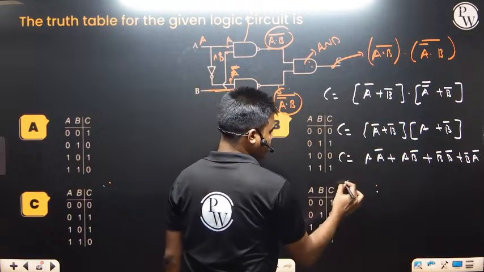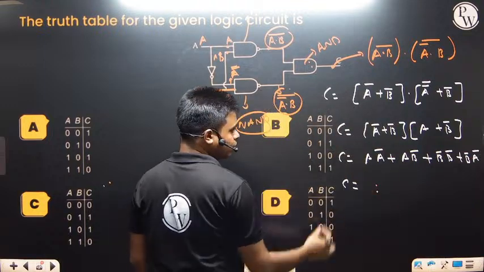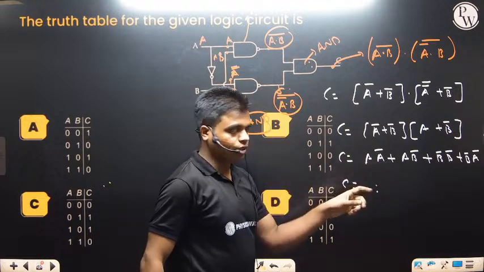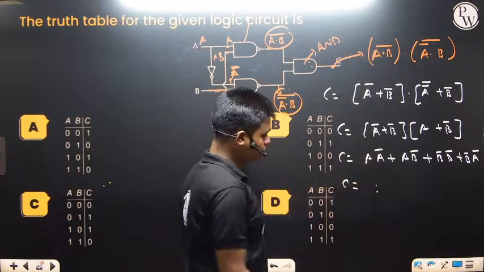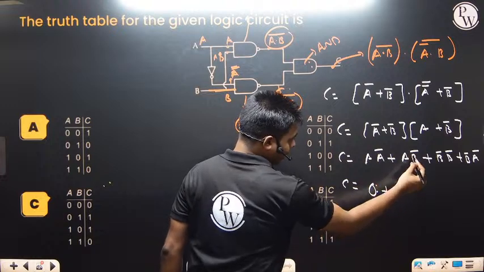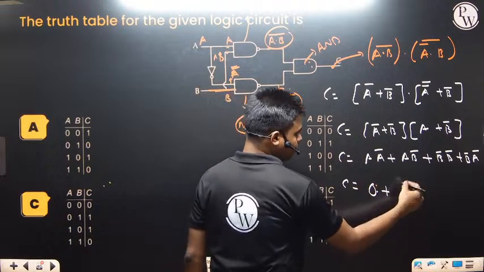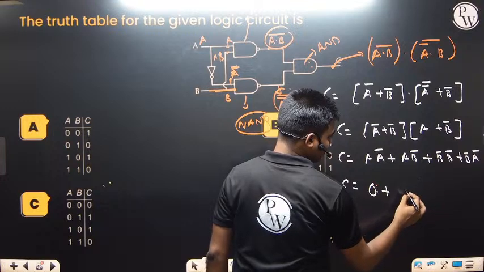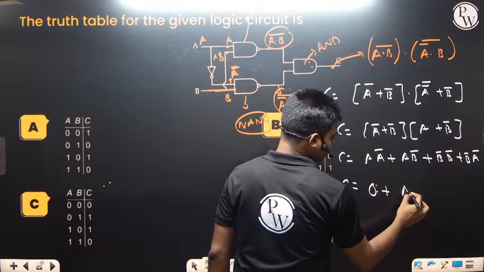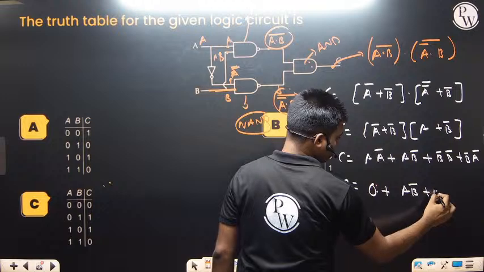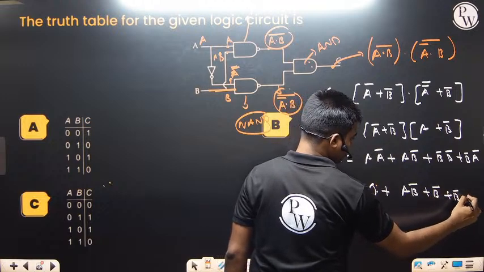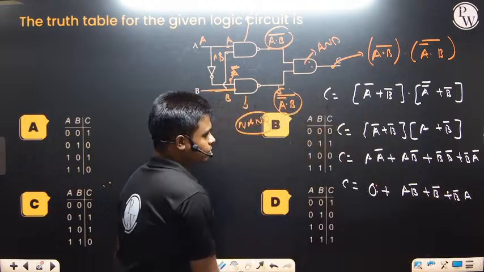So A into A bar, anything, if A is 0, this is 1, 0 into 1 is 0. If A is 1, this is 0, 1 into 0 is 0. So this will be 0 plus A B bar. We have to calculate that. So B bar dot B bar will be B bar only, plus B bar A bar, right?